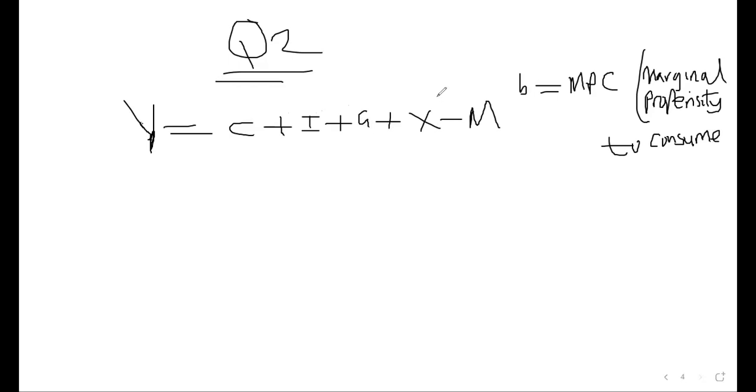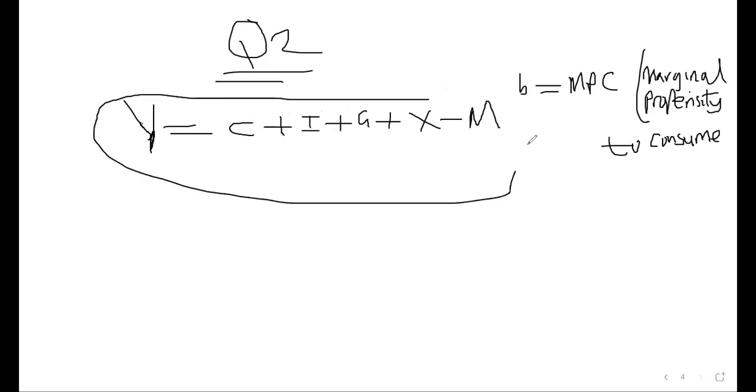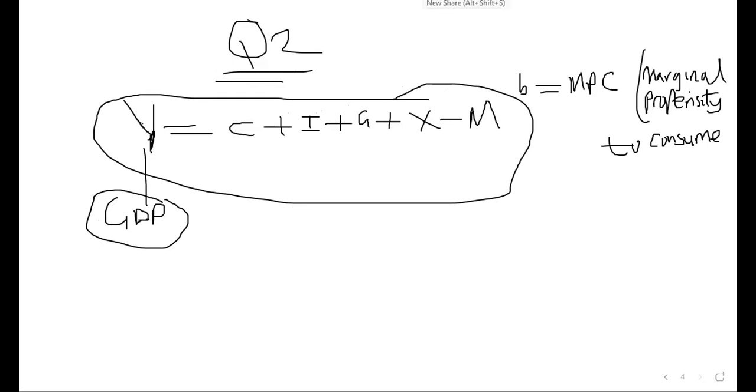So this is what the gross domestic product is all about, which is our national income. We can solve this kind of problem that way.